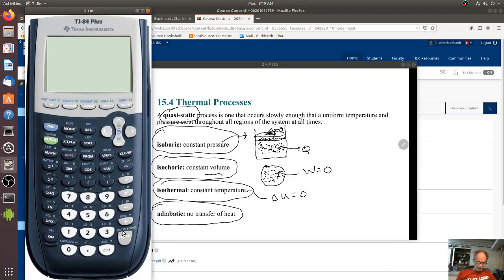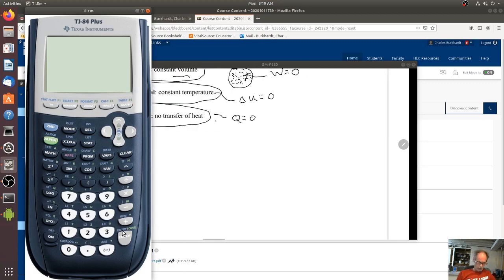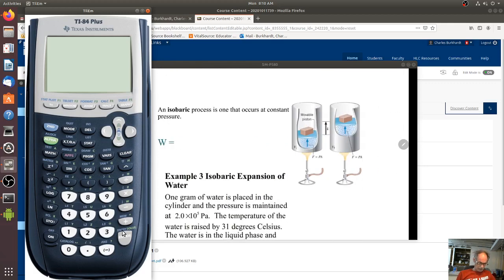For this process, if you add heat to the gas, the work is positive and the change in internal energy is also positive. And for no transfer of heat, Q is equal to 0. Okay, so that characterizes, in terms of W, delta U, and Q, what those three processes mean.